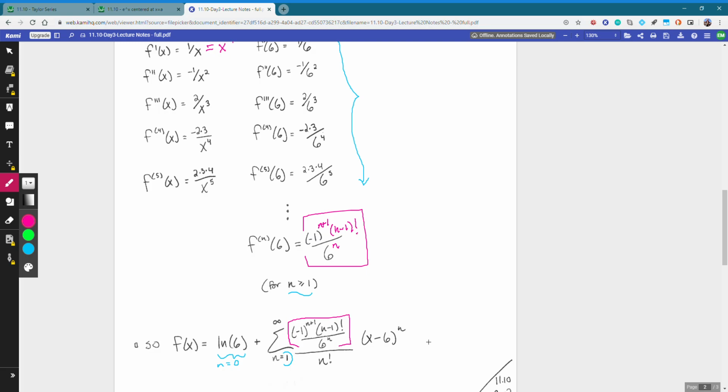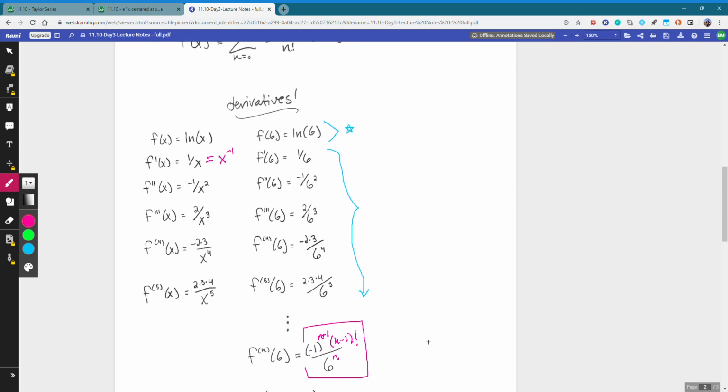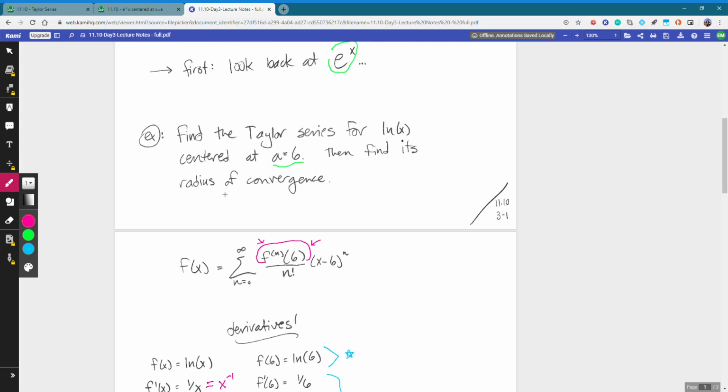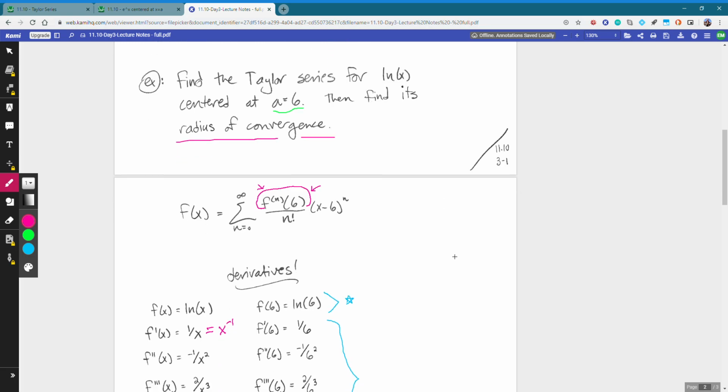But we're still in the middle of this example, right? Just scrolling back up, we wanted to find this thing's radius of convergence. And how we've done that for most of our power series is using the ratio test, right?